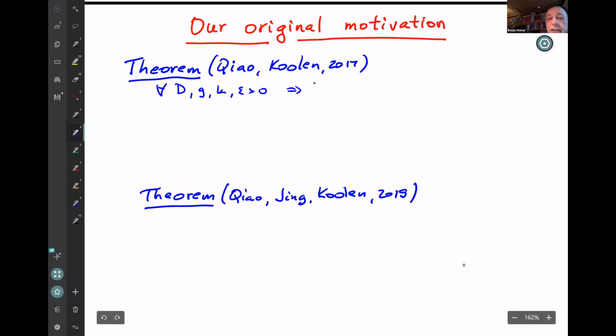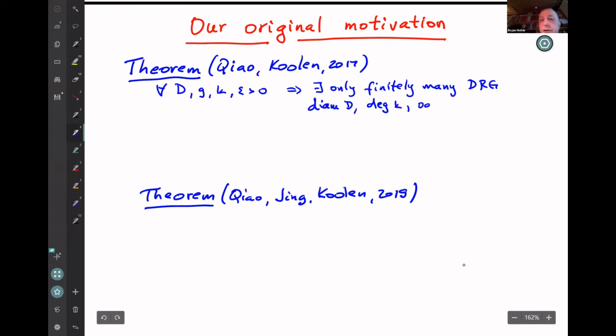there exist only finitely many distance regular graphs with diameter d, degree k, odd girth g, and the smallest eigenvalue, or at least this spectral gap of G, smaller than epsilon times k.